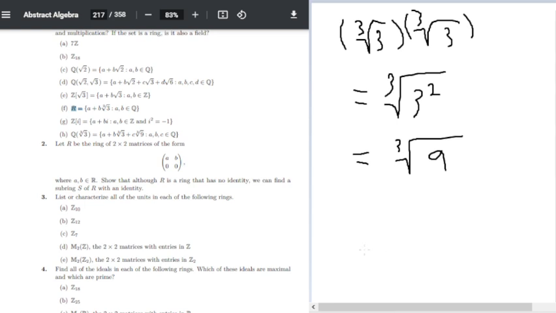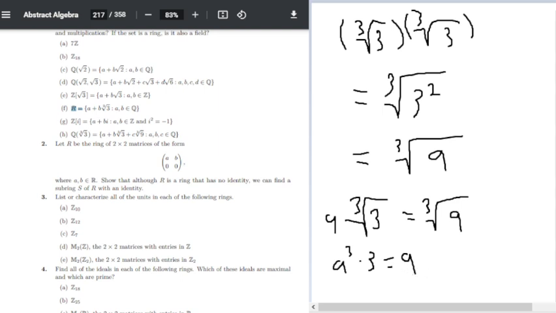So basically what we want to show is that suppose there's some a such that a times cube root of 3 is equal to the cube root of 9. Then a cubed times 3 is equal to 9, which implies that a cubed is equal to 3, which implies that a is equal to the cube root of 3.